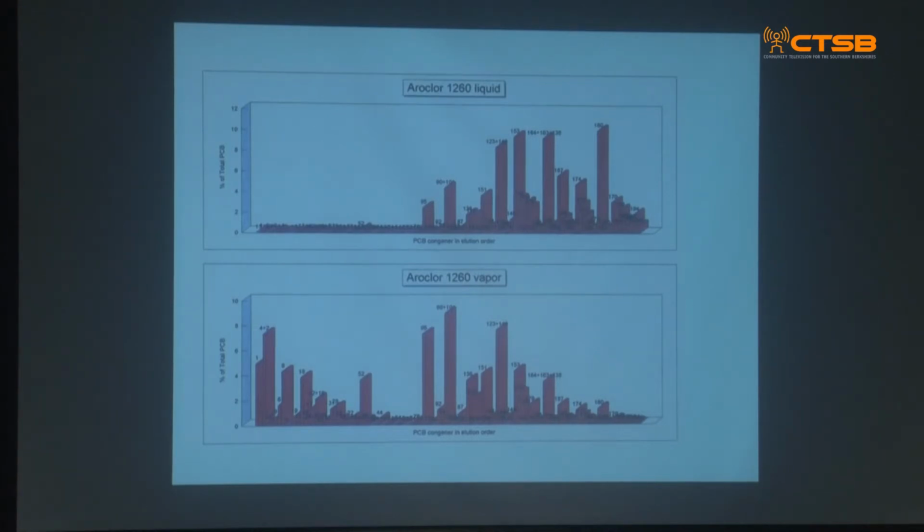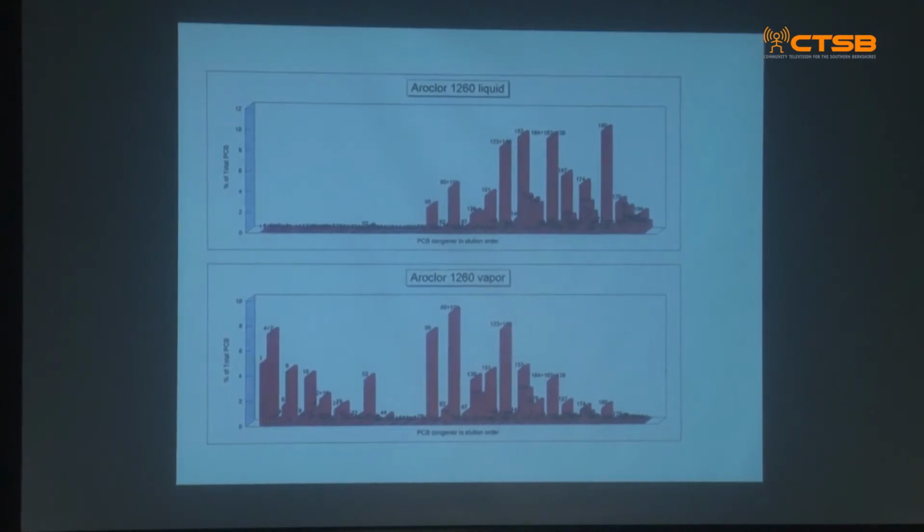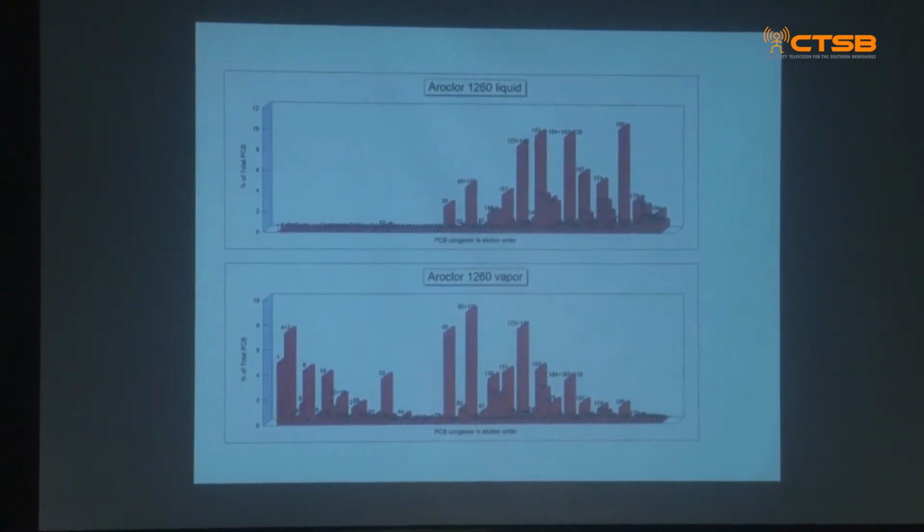Now, what you're looking at on the left side, that's PCB 1 that has 1 chlorine. On the far right side, that's PCB 209. So first of all, you look in the commercial mixture and you see their peaks. It isn't that each one of those PCBs has the same relative quantity in this Aroclor mixture.